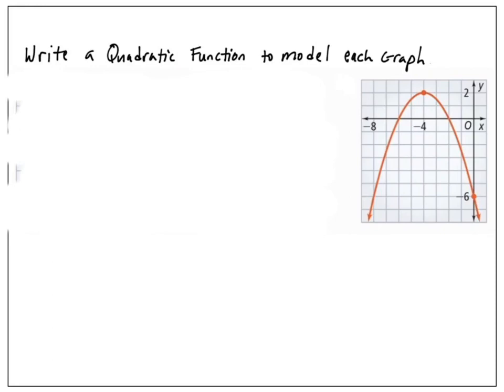So the first thing we want is our vertex point, which is (-4, 2). And then we'll just find another point on the graph here. It's (0, -6). So this is h, this is k. We've got (0, -6) is just an x and y point. So we're going to plug all of this into vertex form because we need to figure out what a is.